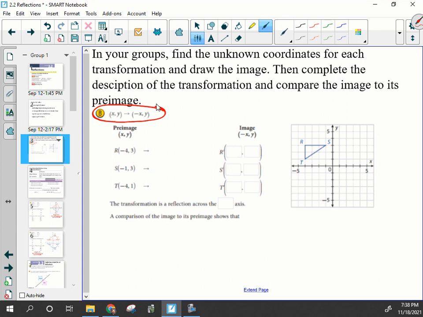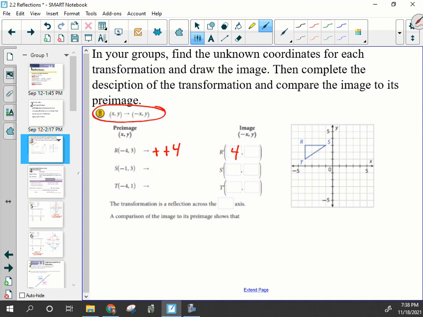So when I apply my rule, I'm going to take each x coordinate and take the opposite. Now, you will notice in the first point, R, the x coordinate is negative 4. I'm going to take the opposite of negative 4, which means I'm going to take the negative of negative 4. And remember, two negatives make a positive. So therefore, R prime is going to have an x coordinate of 4.